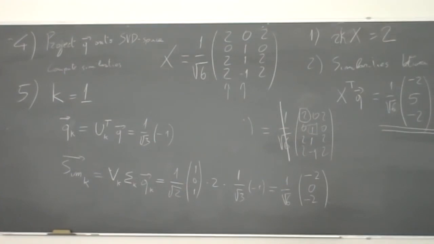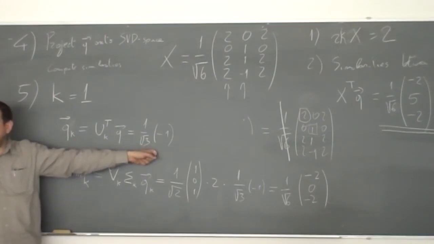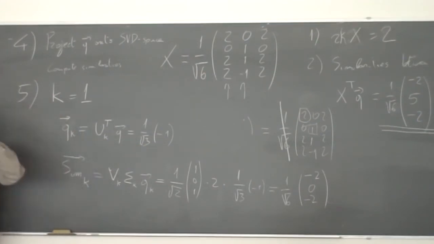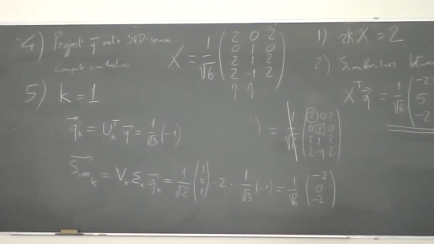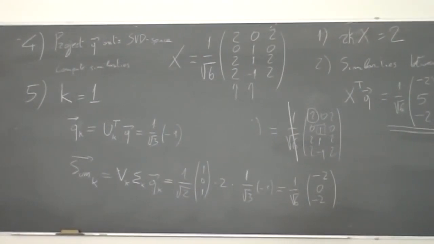Of course, this reduction means that if the query is reduced to one value, we are forgetting everything about the query. We are reducing everything to one topic, so there is no meaning in this. Anyway, it was just to see how the computations are carried out.